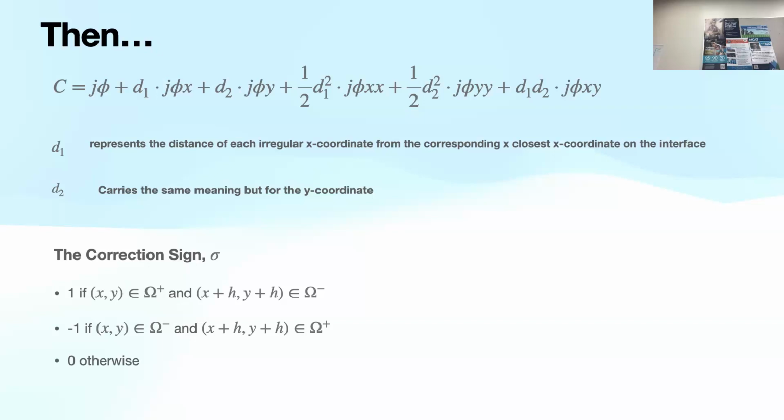Just like that. I'm just correcting the 3-point stencil. So u i plus 1 minus 2 u i plus u i minus 1.